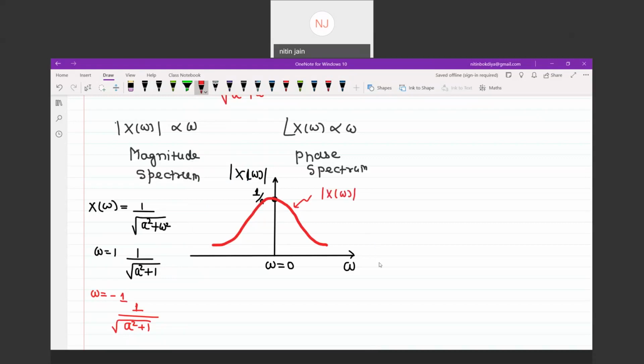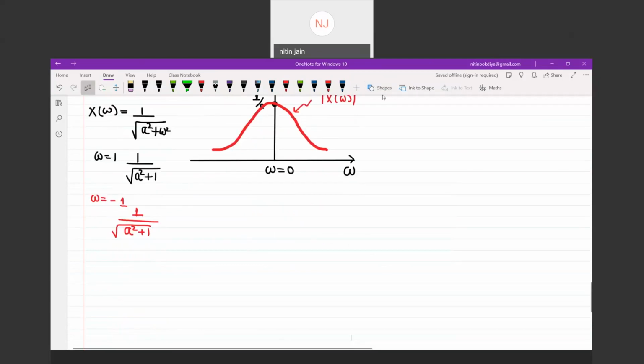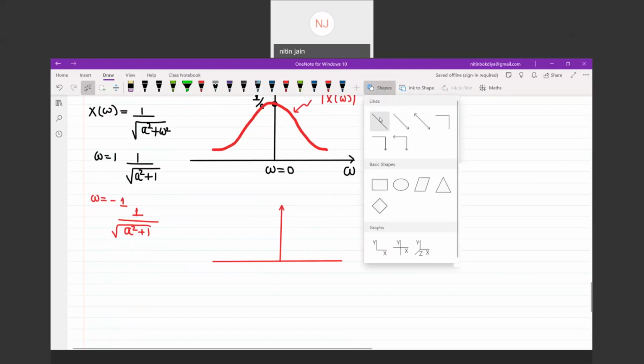This is the magnitude spectrum. We can draw its phase spectrum also. So how can we define its phase spectrum? The phase spectrum is given like this.